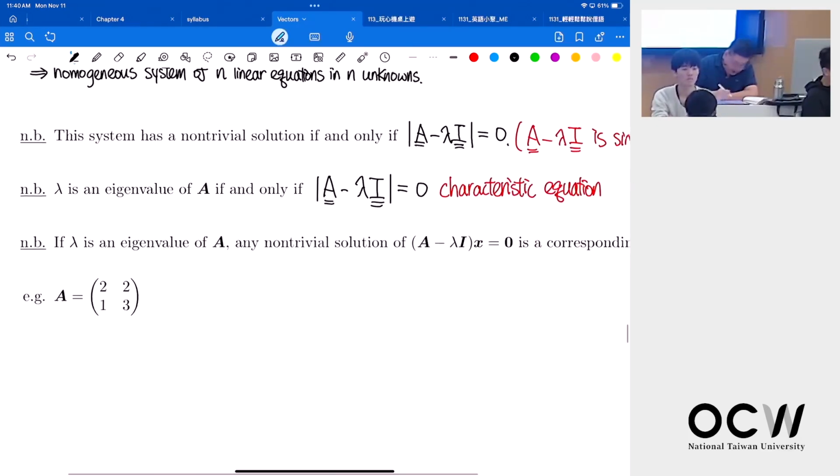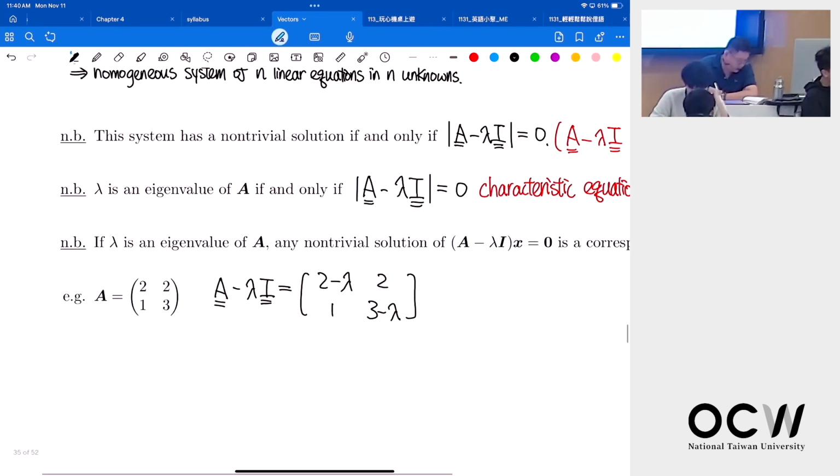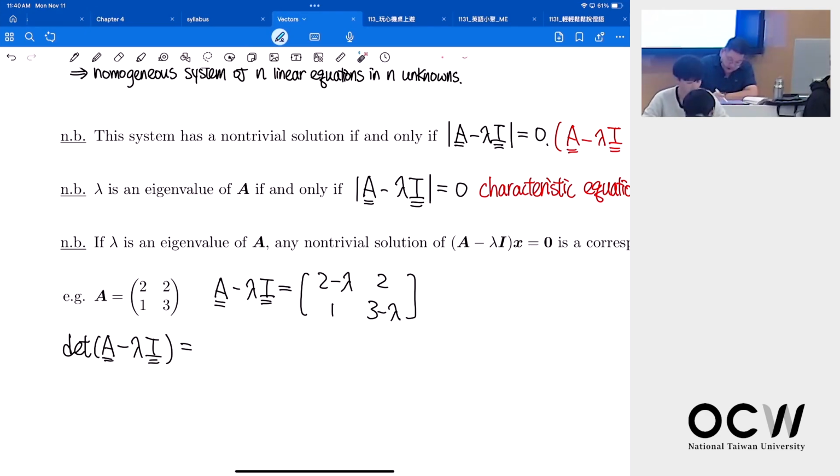So A minus lambda I is 2 minus lambda, 1, 2, 3 minus lambda. Let's find the determinant of A minus lambda I. You take the determinant: this times this, minus 2 times 1.